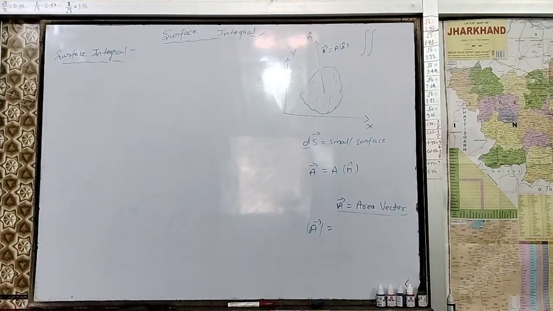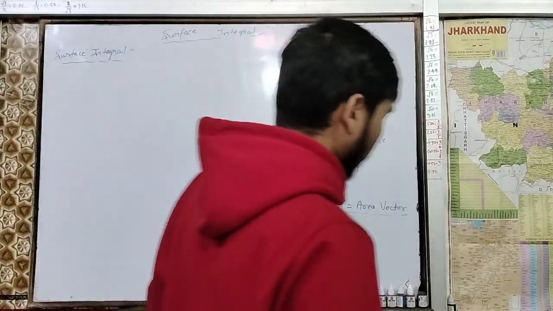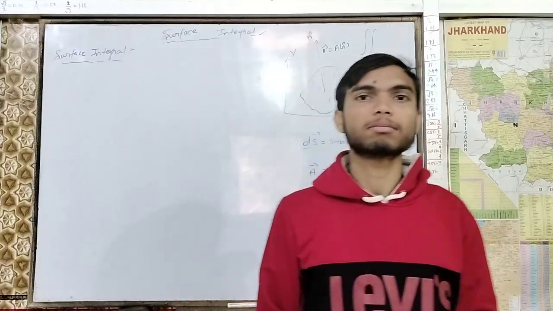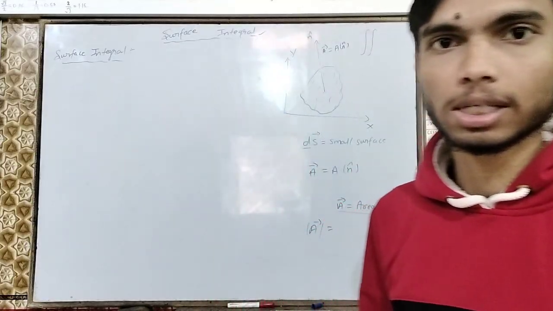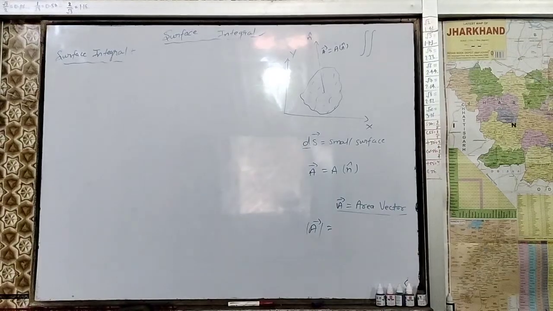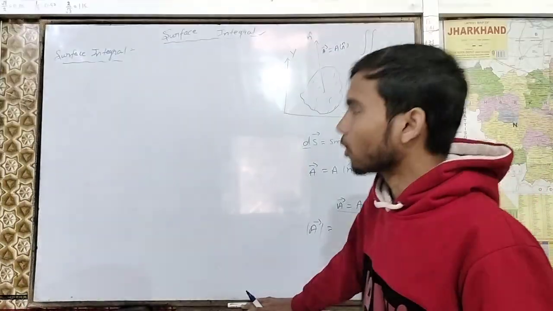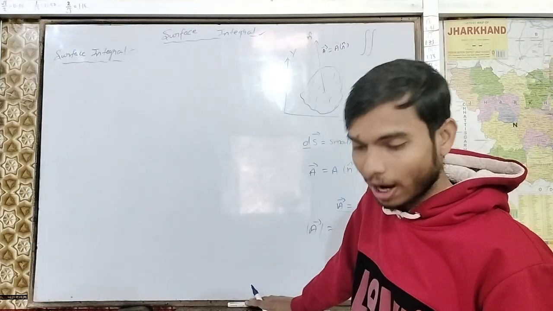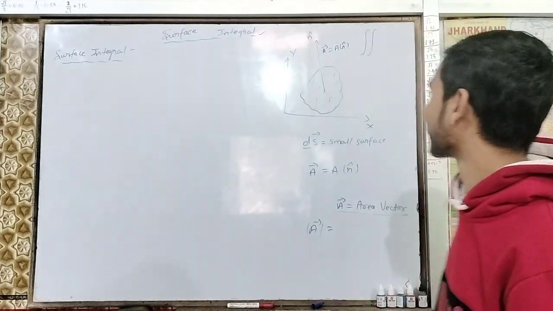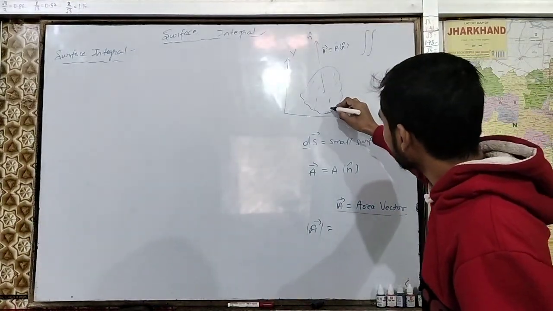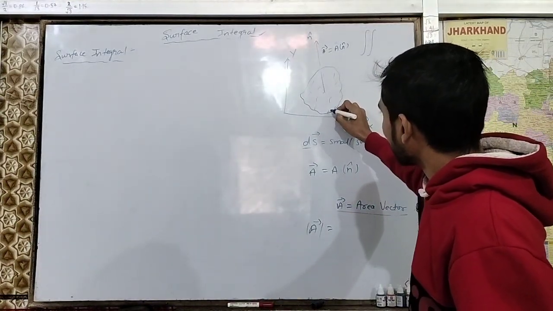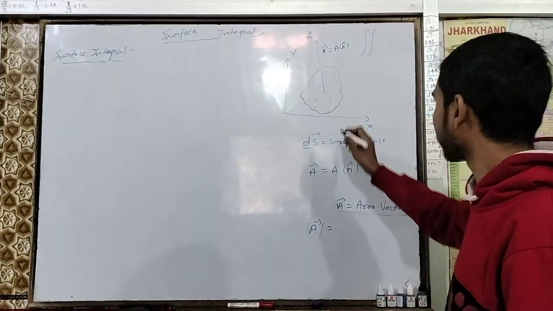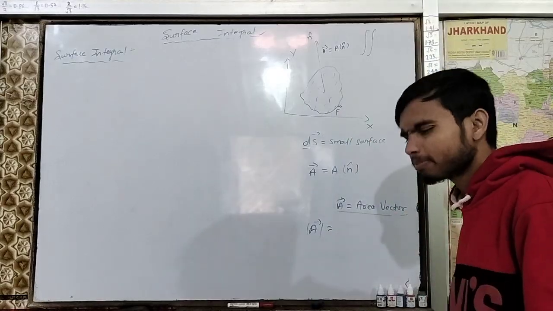Since we are taking this small surface in a vector field, we can use the vector F. In this context, F is not force, F is a vector field, a continuously varying vector function. For this point, what will be over here? The vector field F.